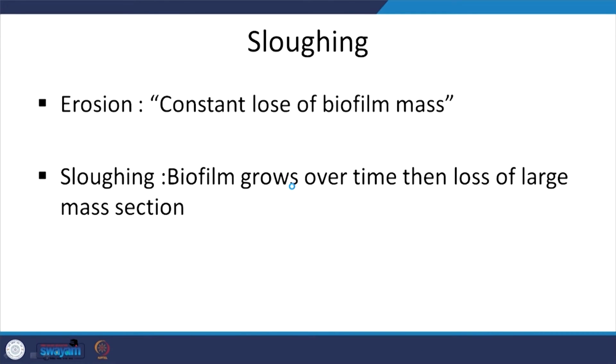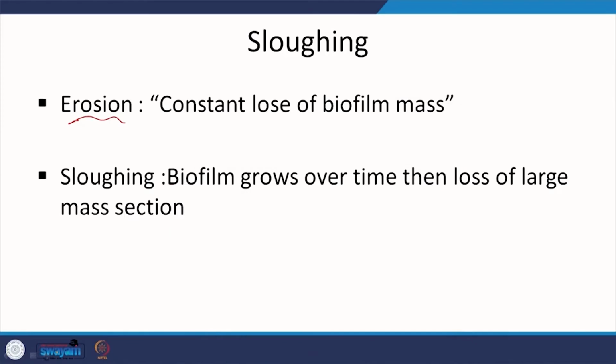Biofilm profile and sloughing: you have two aspects that can lead to loss of this biofilm. Obviously, you will have decay, that is something we always know, but in general you will have erosion, right. In general you will always have this constant loss of biofilm mass. Sloughing, though: the biofilm grows over time, then sometimes you see sections falling down.